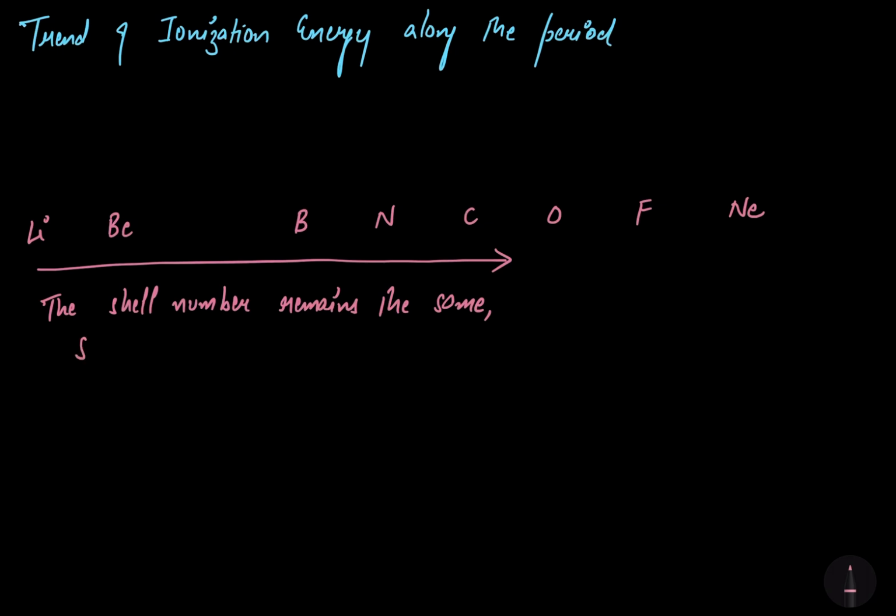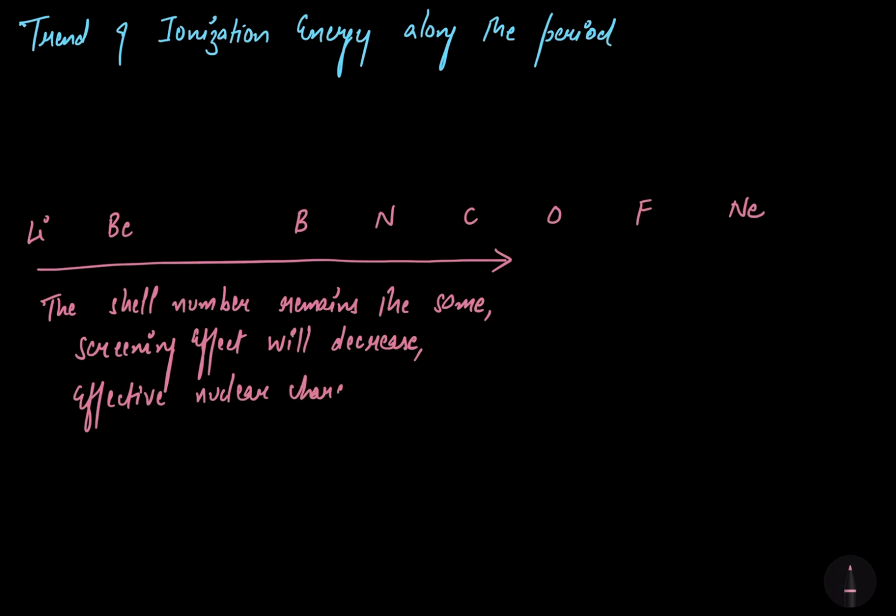The screening effect will decrease. Effective nuclear charge will increase, due to which what will happen? If the screening effect decreases, that means the effective nuclear charge will increase along a period.